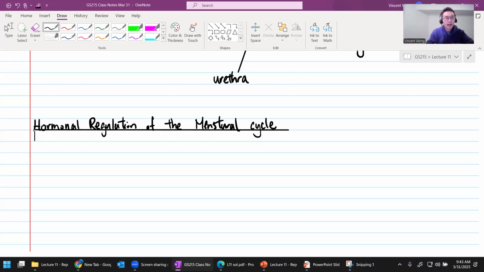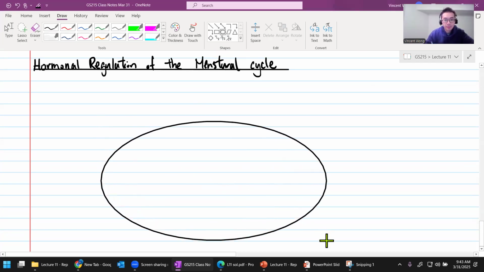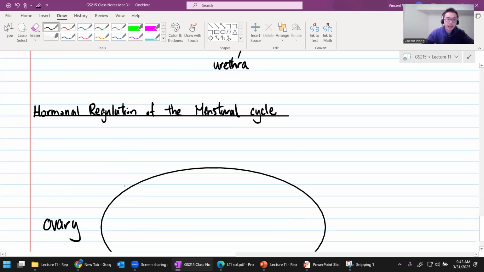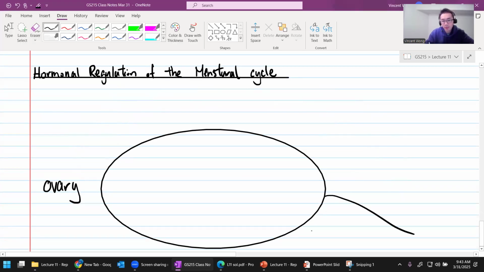Okay, so let's take a look here first. Let's draw the ovary. Okay, so here is the ovary. Technically it's going to look like this with the connection, but I'm going to make it simpler here.